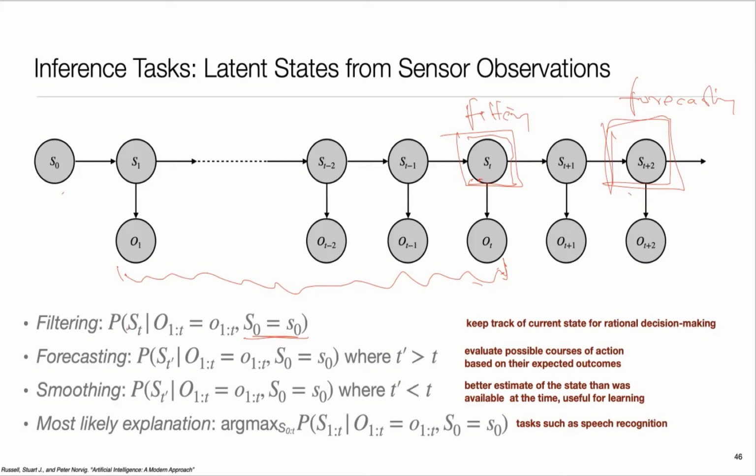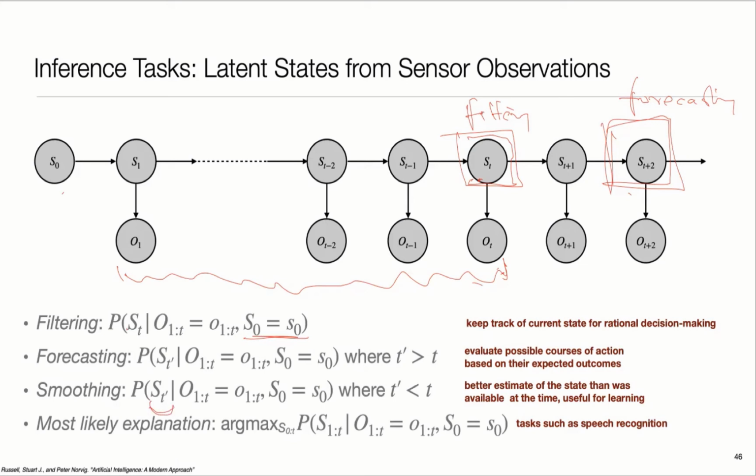And to make a prediction about S1, you can make use of not just O1, but also O2, O3, all the way to ON. So it can help make you better estimates of that value. So smoothing refers to the problem that I want to predict S t prime, or come up with the distribution of that.